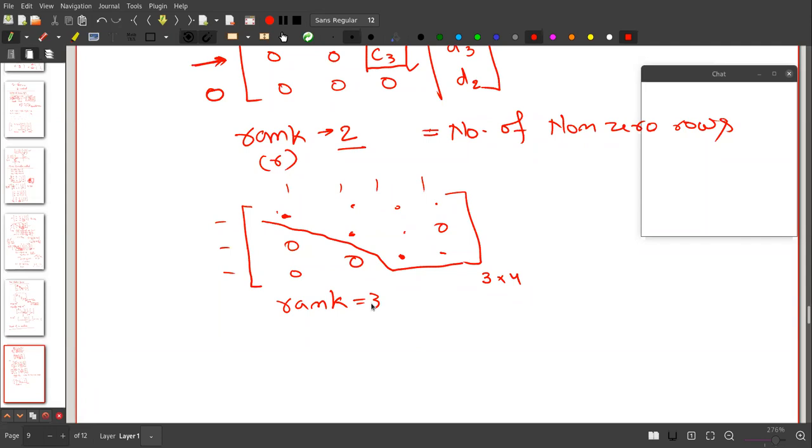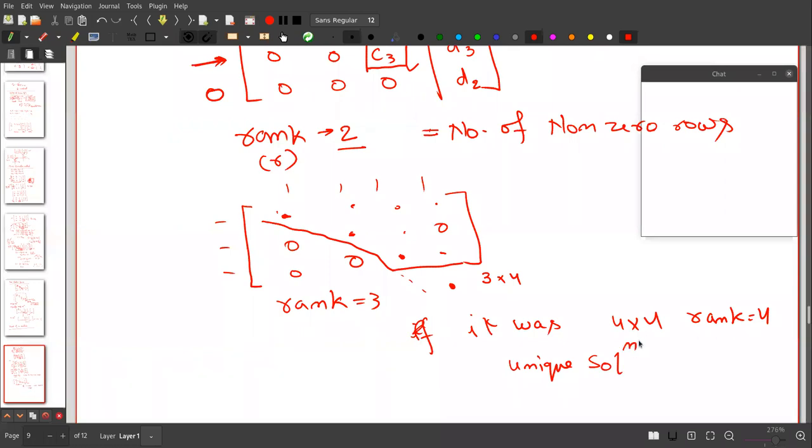If it was 4 by 4 and the rank is also 4, we will have a unique solution, because we'll have one value here too, and then we can calculate all the solutions. So it will be a unique solution.